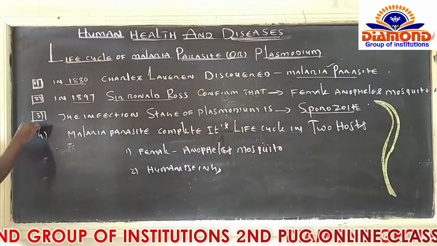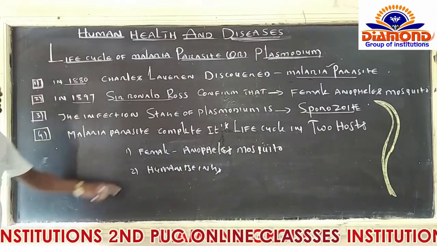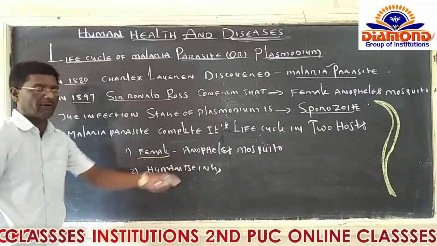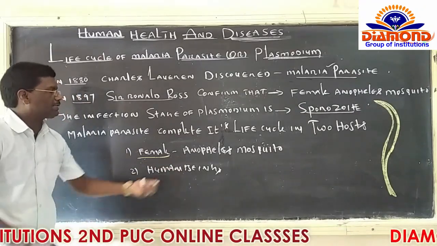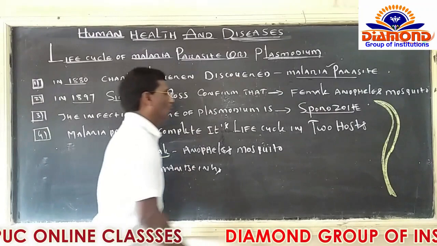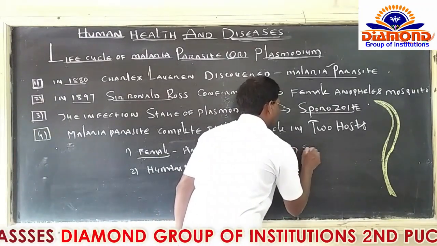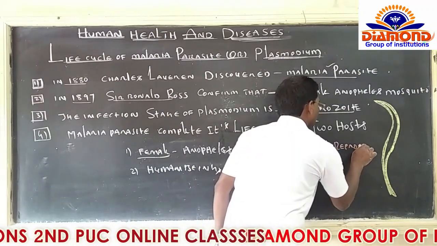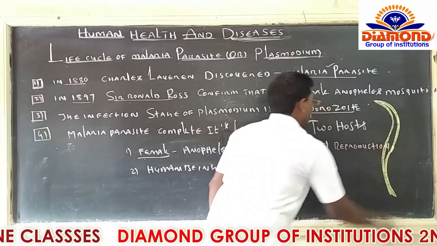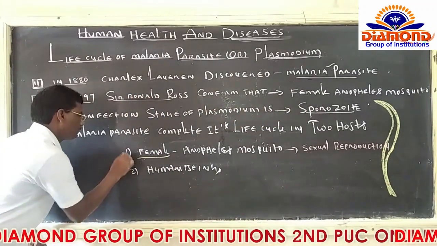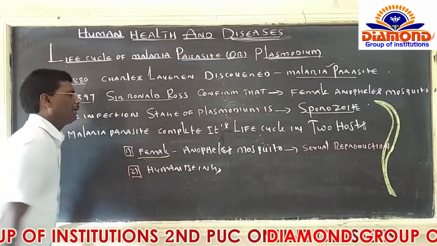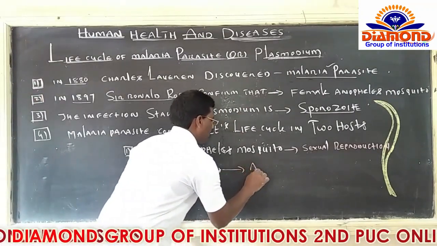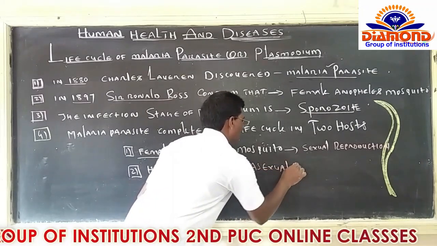And lastly, the malaria parasite completes its life cycle in two hosts. The first host is the female Anopheles mosquito. When it completes its life cycle in the female Anopheles mosquito, it maintains sexual reproduction. When it is in the secondary host, human beings, to multiply its number, it maintains asexual reproduction.